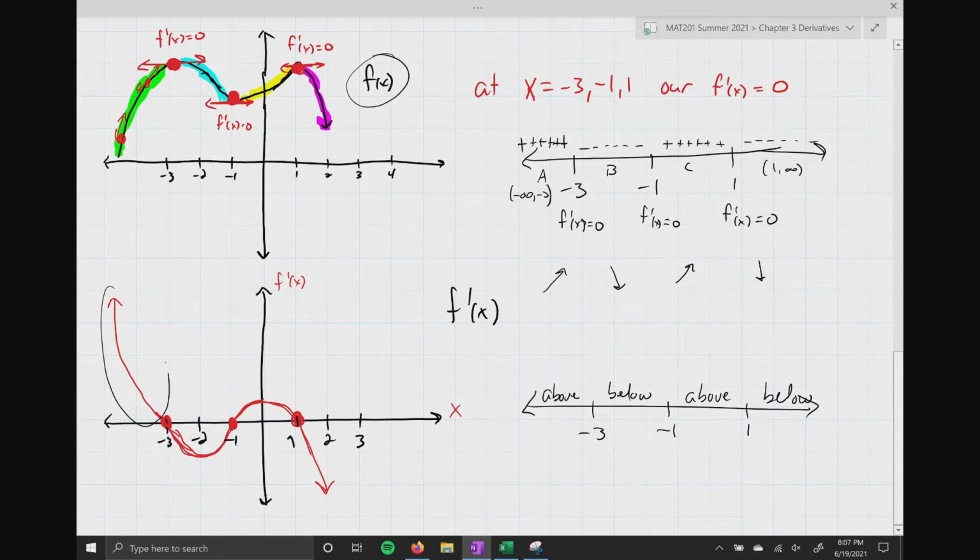So above, then below, above, and below. And that's how we graph our derivative: we use the information from our function. And you could do this in reverse. So let me show you an example of doing something like this in reverse.